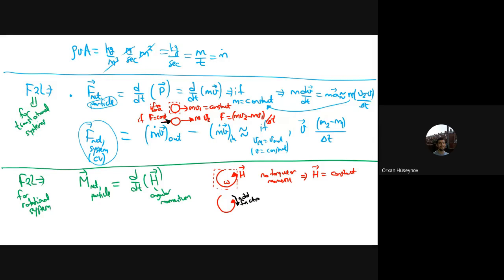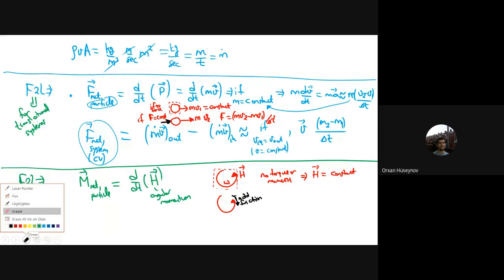If I add the friction on this body, the same body that was rotating with angular momentum H will now have a different angular momentum.